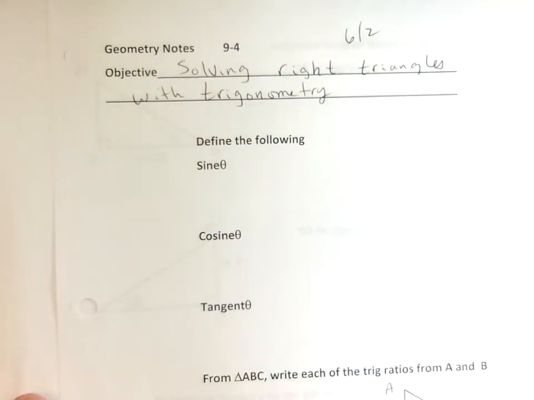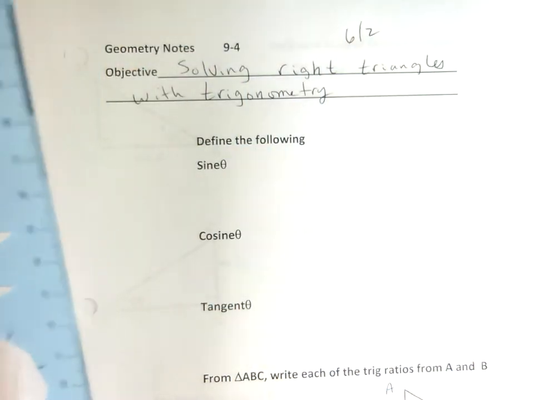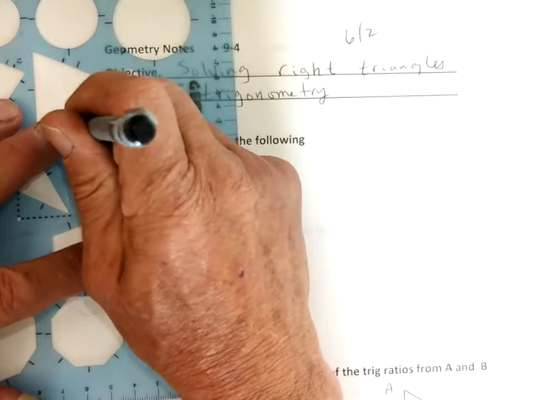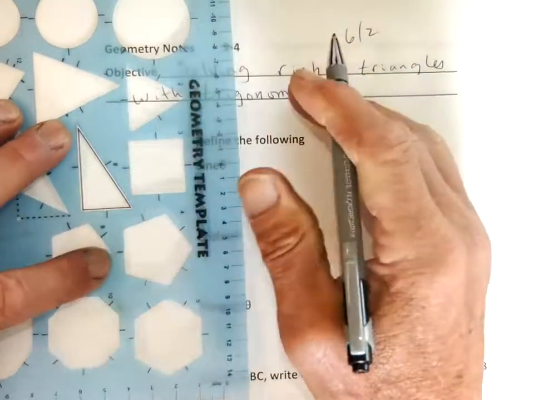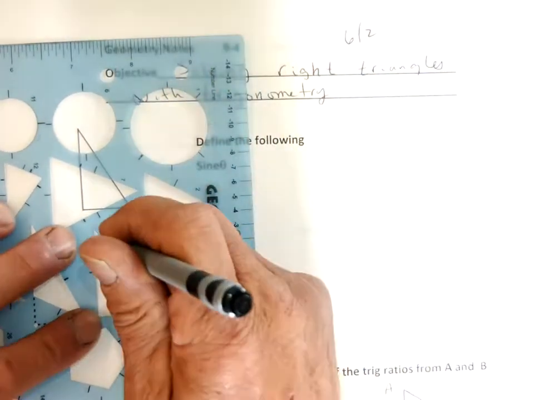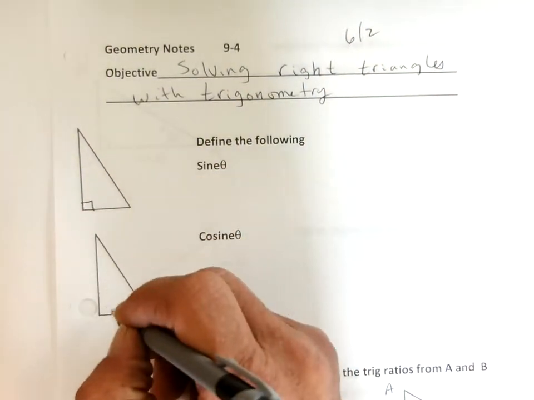So before we start, let's take a look at a couple of triangles, okay? We'll look at two different triangles. They've got to be right triangles, so I'm just going to draw one right triangle here. I draw another one right below it, okay?